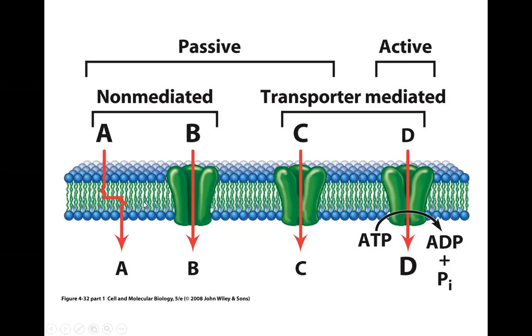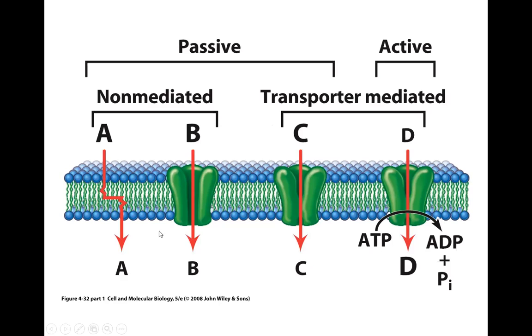So when we are discussing transport across membranes, it can be either passive, meaning no energy is required for the transport to occur, or it can be active, which means energy is required for the transport to occur. In the case of passive transport, we can either have non-mediated transport, or we can have transporter-mediated transport.